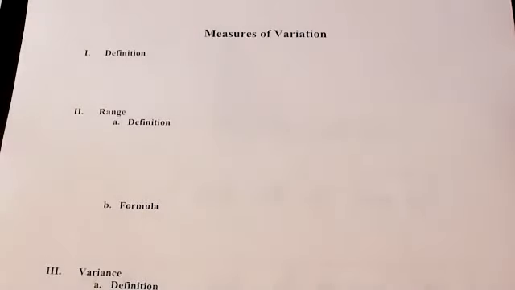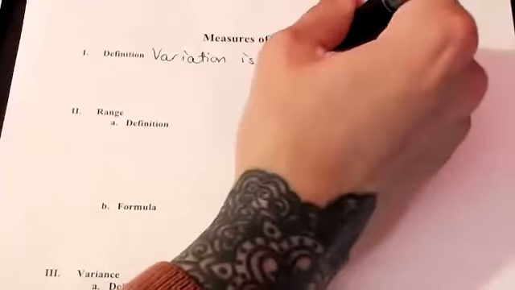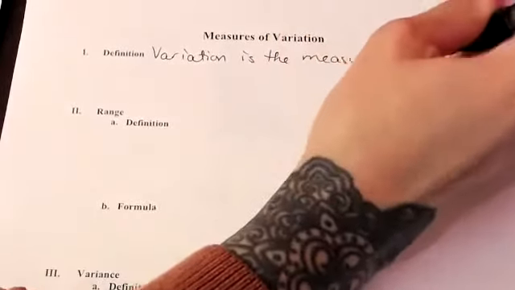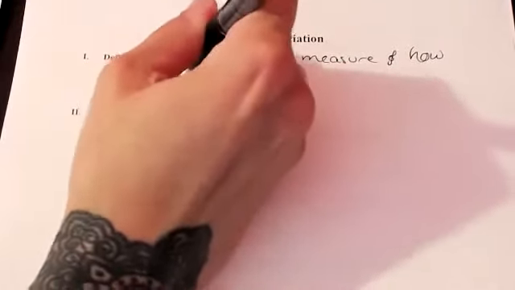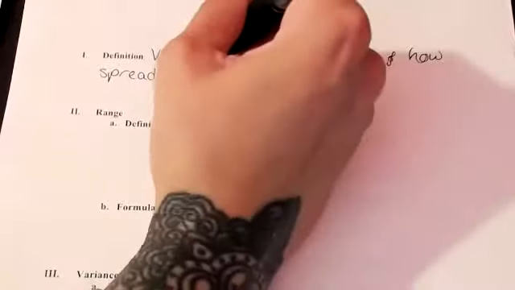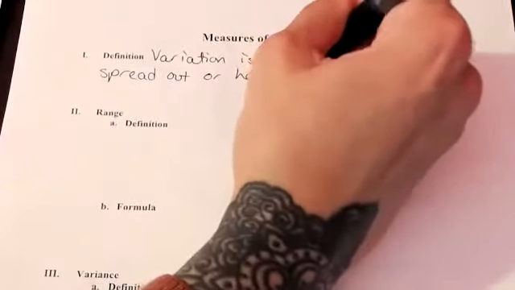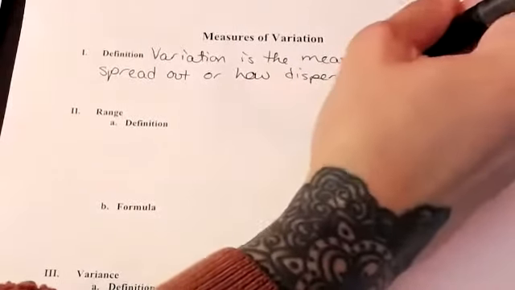So let's start off by talking about what measures of variation are. So variation is the measure of how spread out or how dispersed the data is.